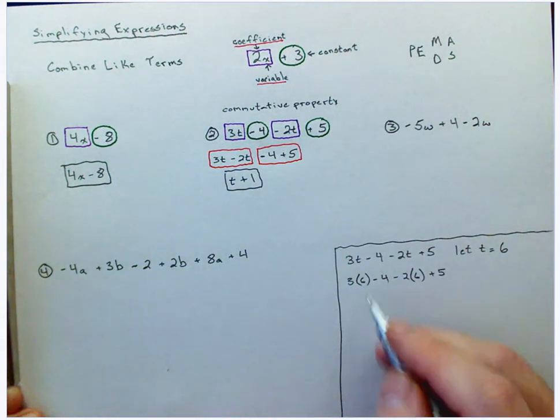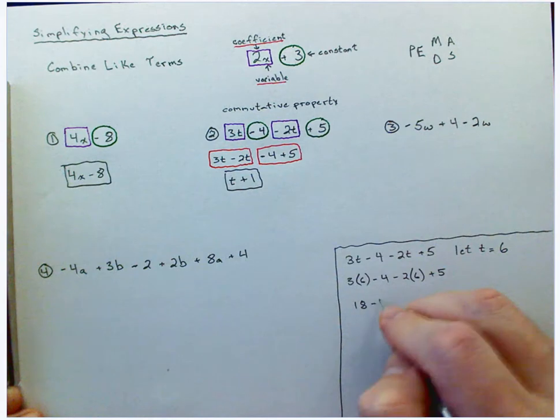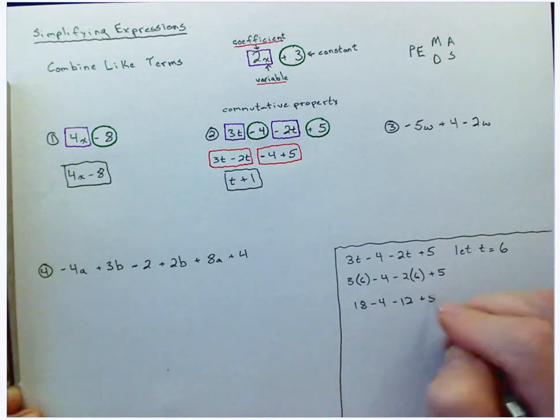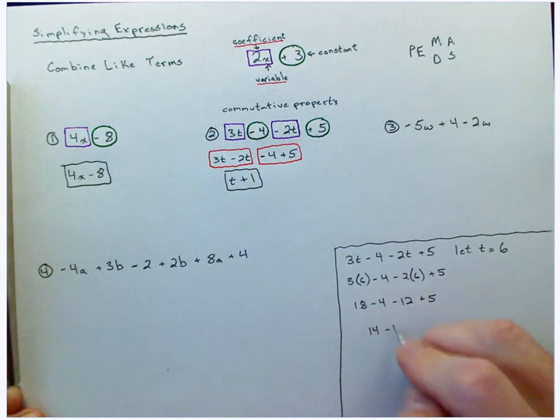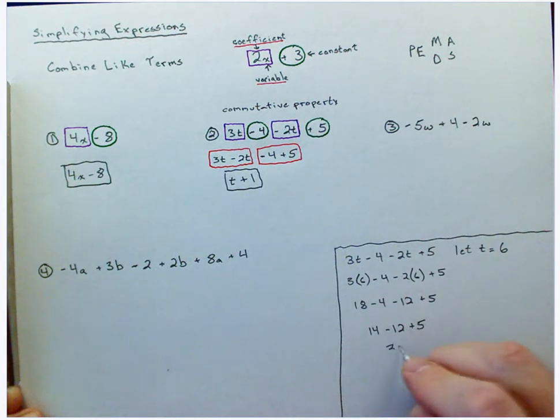And in order of operations, I need to do my multiplications first. So that's 18 minus 4 minus 12 plus 5. And then working from left to right, becomes 14 minus 12 plus 5. And that becomes 2 plus 5, which equals 7.